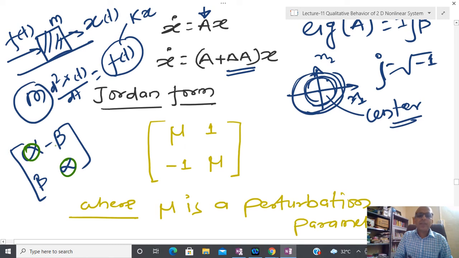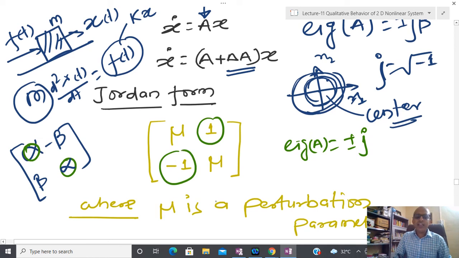Suppose I consider the eigenvalues of A as plus minus j, so due to that reason I have retained 1 and minus 1. Anyone has confusion? Or you can write minus 1 here and plus 1 here, that doesn't matter. Okay, anyone has confusion on this?